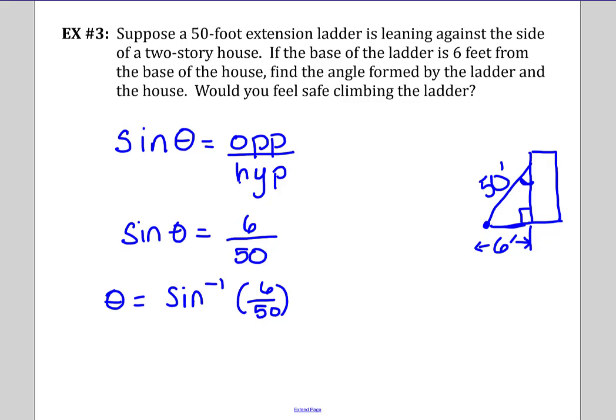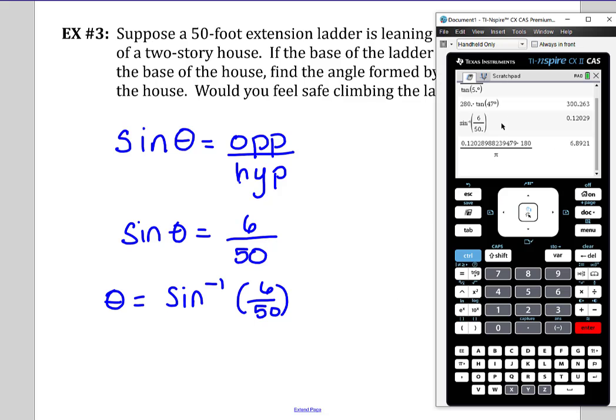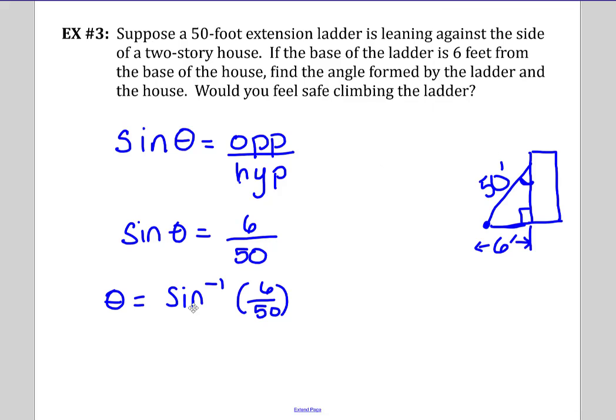So jumping over to our calculator, you can see here that the sine inverse of 6 over 50 is about 0.120 radian. And if we convert that 0.120 radian to a degree, we'll find out that the angle up there at the house and the ladder is about 6.9 degrees.